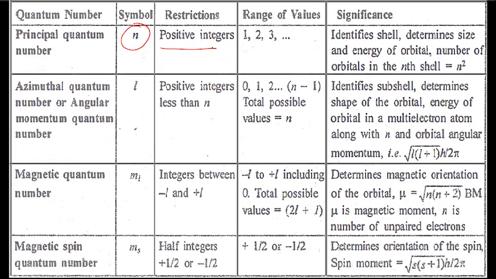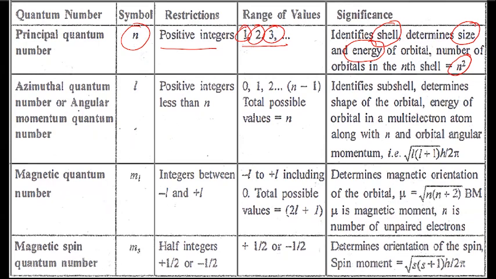Range will be 1, 2, 3, etc.: first shell, second shell, third shell, etc. It identifies which shell we are talking about, and what the size is. For n equals 1, the size will be smaller as compared to 2, and so on. It also decides the energy of the orbital. Number of orbitals is given by n square. In a particular shell, number of orbitals is n square, and number of electrons will be 2n square, double of this one.